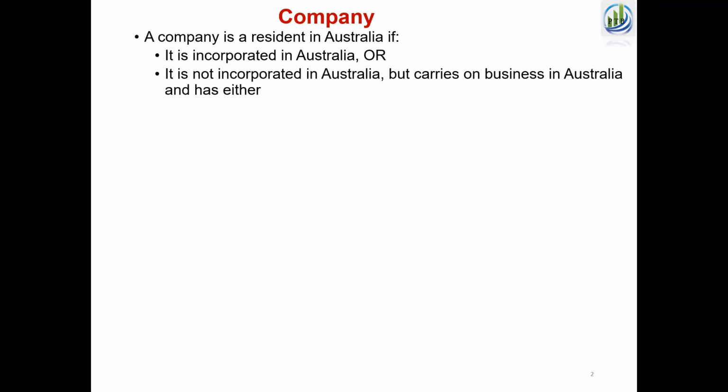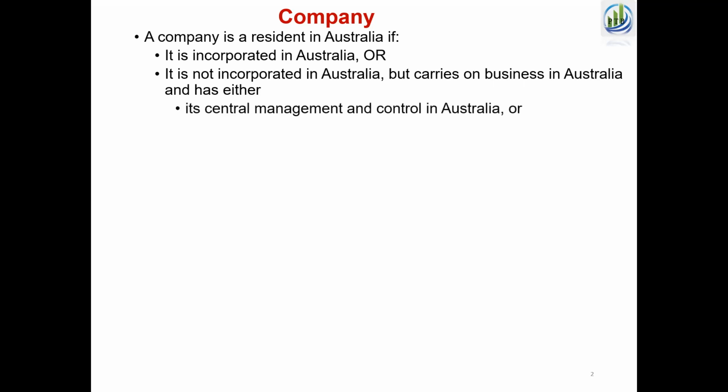The company may be some multinational foreign company doing business in Australia, such as eBay, PayPal, Amazon, Netflix, and Uber. These all belong to companies outside of Australia, but they are operating their business in Australia.